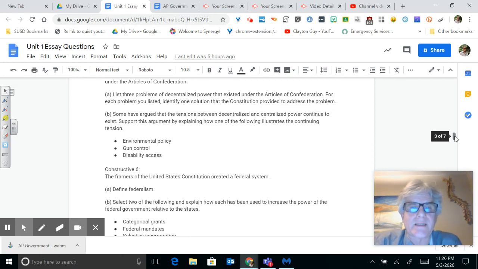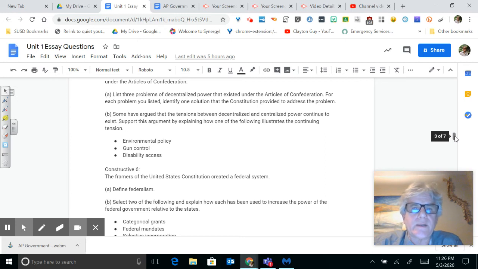And then disability access is another issue where the federal government has made mandates, whether through the Americans with Disabilities Act or IDEA, the Individuals with Disabilities Education Act. Disability access is where you need wheelchair accessible bathrooms, parking spots close to the area, wheelchair accessible buildings, and elevators.